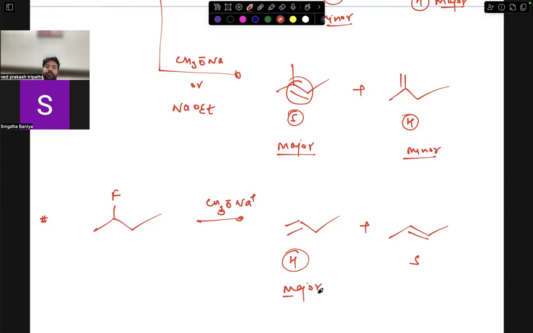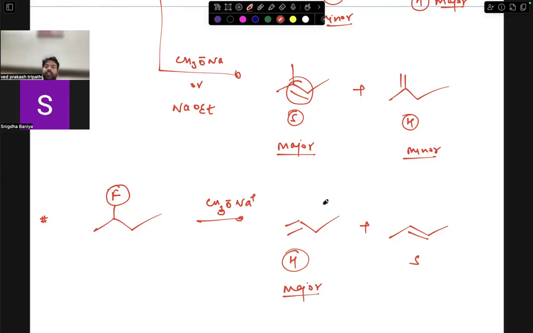Always memorize these two conditions: when the base is bulky or when the leaving group is fluorine. If the leaving group is only fluorine, or the base is bulky, Hofmann is major, but if not, then Zaitsev is major.